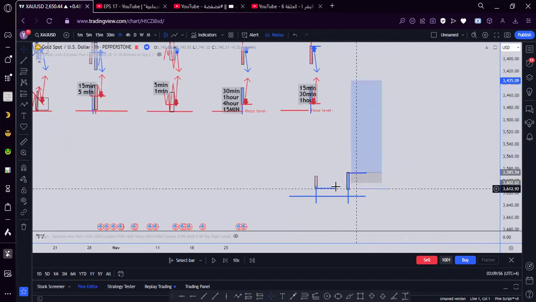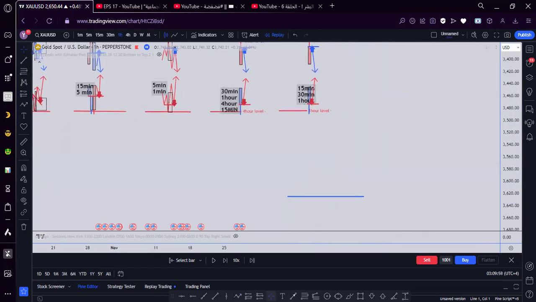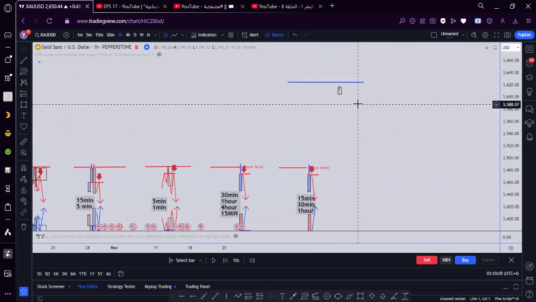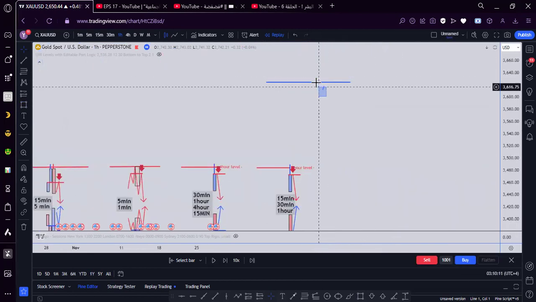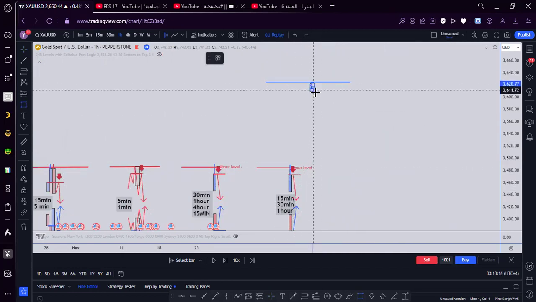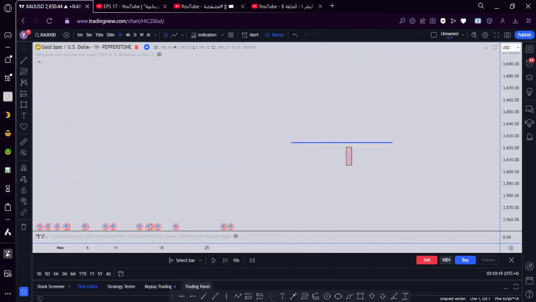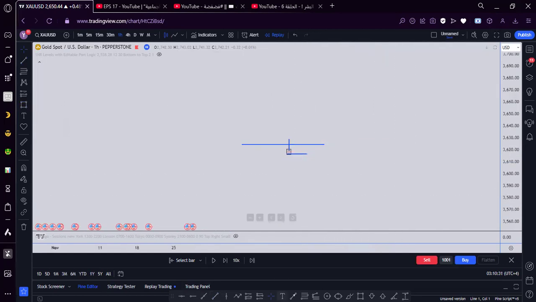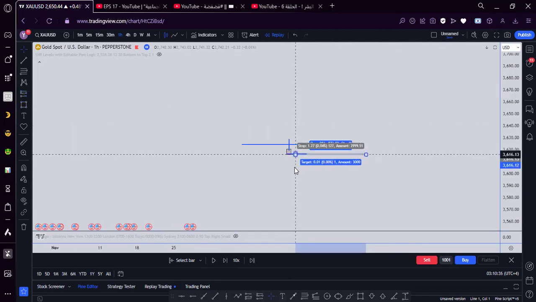But that doesn't mean that we cannot use the bullish candle from the buy level. For example, if we are at a sell level, we said we have to take the bullish candle, but sometimes we will also take the sell candle as a confirmation if the size of it is small like this.